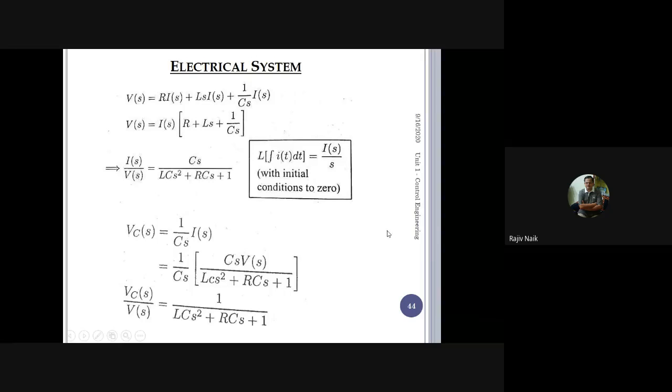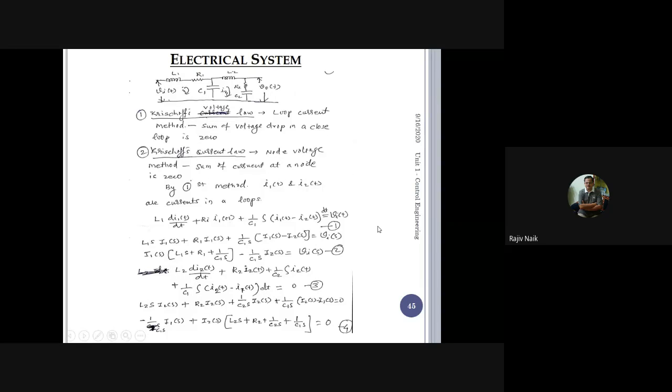Similar to the double mass system, we have one electrical system. You can see this electrical system. Here you can see Vi is the input applied. It passes through inductor L1, resistance R1, capacitance C1.